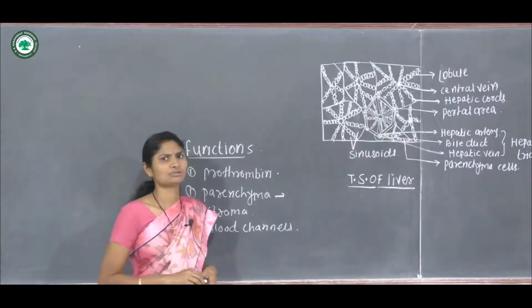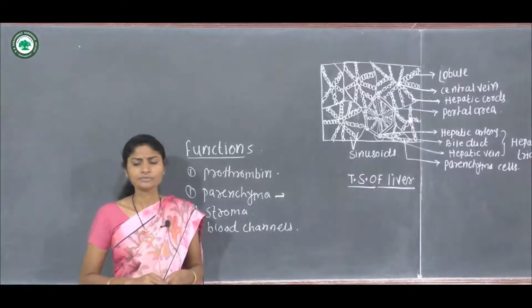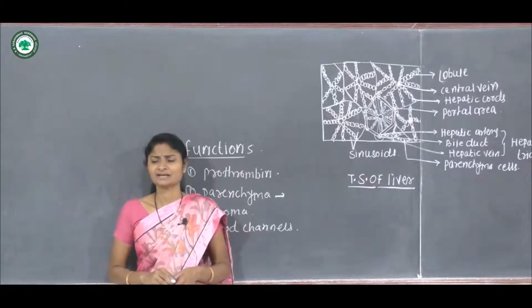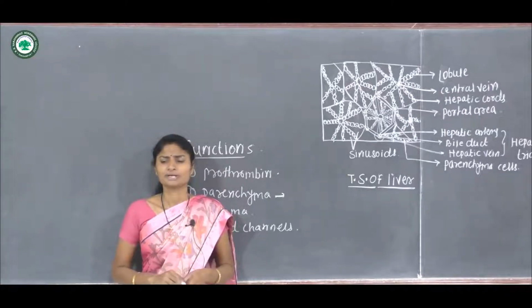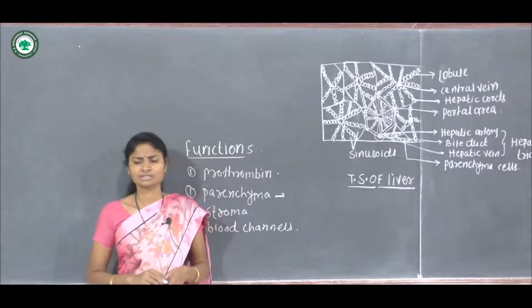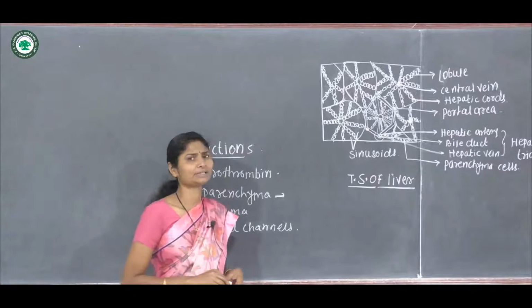The first histological part is the hepatic lobules. Hepatic cells are arranged into minute irregular polyhedral blocks called liver lobules or hepatic lobules.